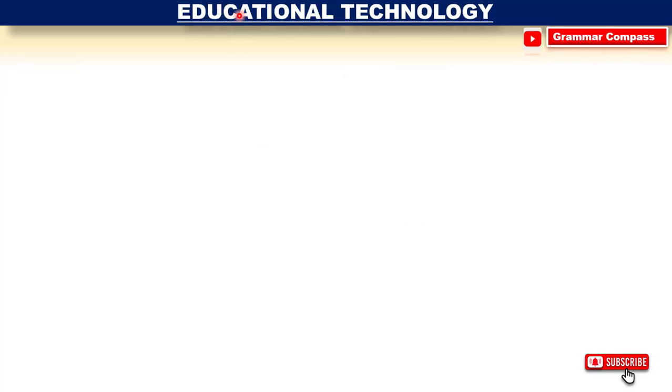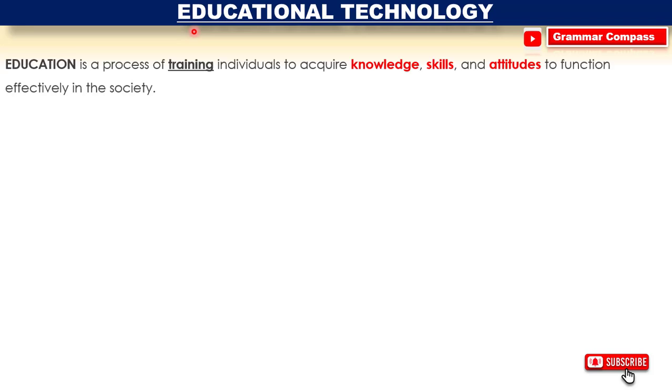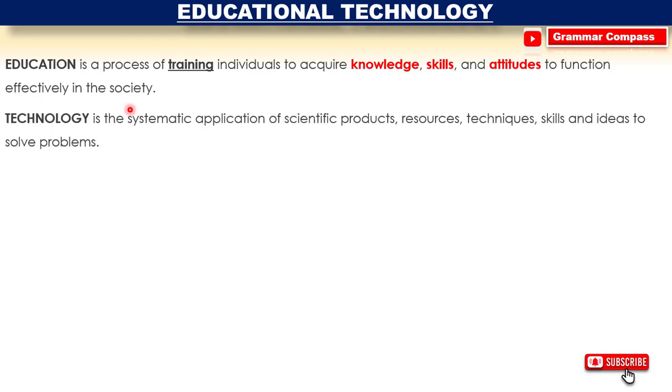What is educational technology? We know the meaning of education. That is a process of training individuals to acquire knowledge, skills, and attitudes to function effectively in the society. And then we also know the meaning of technology. That is the systematic application of scientific products, resources, techniques, skills, and ideas to solve problems.